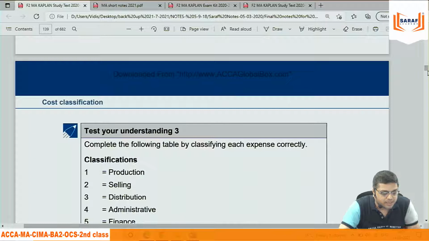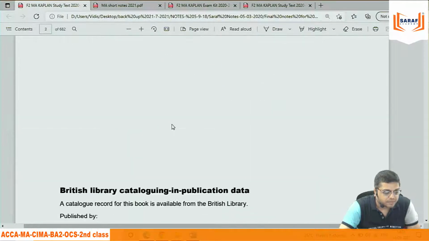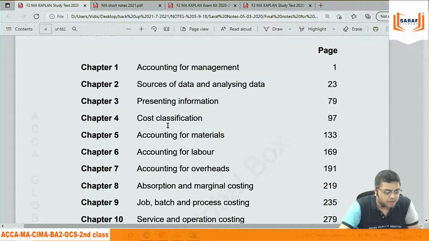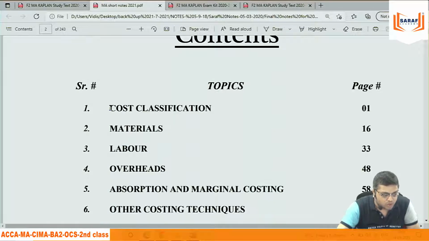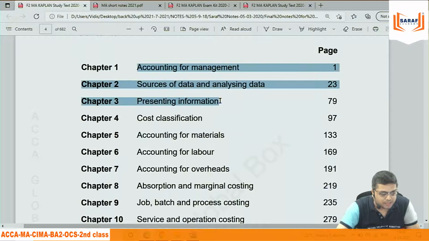But if you go to the study text and Kaplan kit, the first three topics are different: accounting for management, sources of data, presenting information, and then cost classification. In short notes, the first topic is cost classification, but as per the study text and exam kit, the first three topics are these.